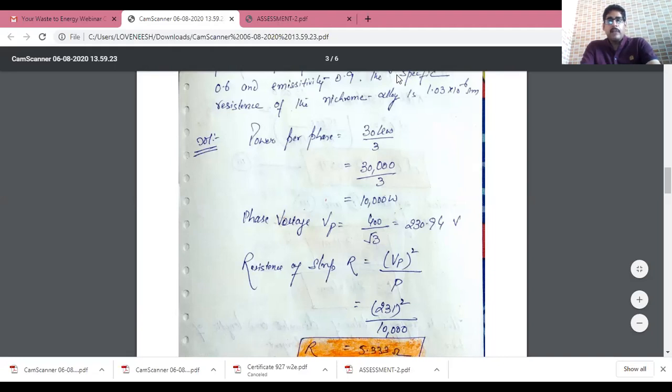So 400 divided by root 3 is near about 230.94. Let it be 231 volt. So the power in this per phase circuit will be 1000 watt, and the per phase voltage will be 231 volt. We can calculate the value of resistance simply by Ohm's law.